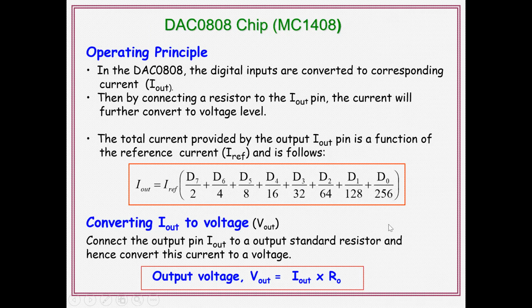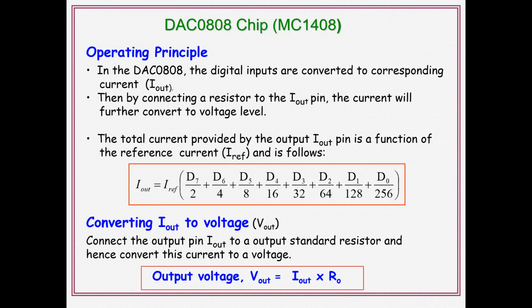And how do we convert this current to voltage, I out to V out? Connect the output pin I out to an output standard resistor, here that is R naught, and hence convert this current to a voltage. The output voltage V out equals I out into R naught.